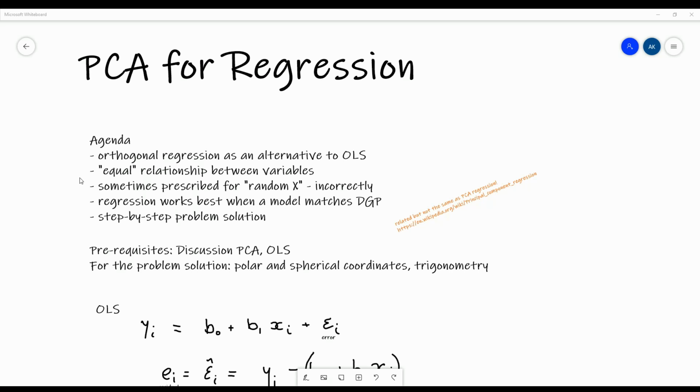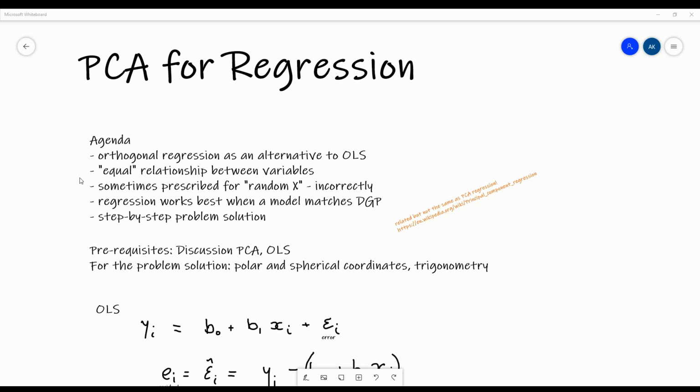Then we'll talk about random regressors, where in such a case sometimes orthogonal regressions are prescribed, or type 2 regressions, and I'll say why I somewhat disagree with this prescription.